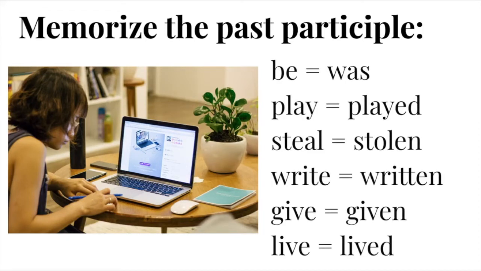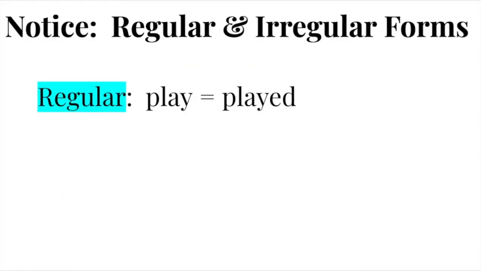Here are some examples. The be verb becomes was. Play, played. Steal, stolen. Write, written. Give, given. Live, lived. Notice the difference between the regular past participle and the irregular past participle. There's two different forms.